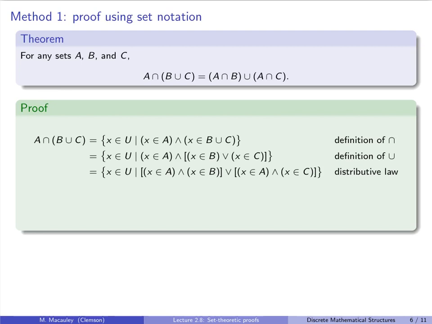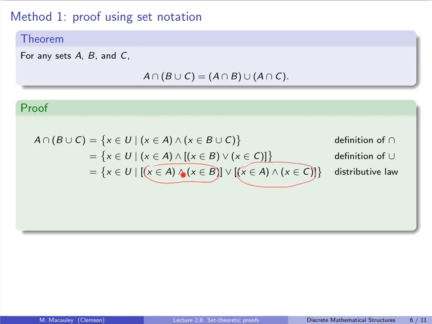So this is the set of all elements in the universe, X, such that X is in A and X is in B, or X is in A and X is in C. Okay, so now what? Now let's use the definition of intersection on both of these things and go backwards.